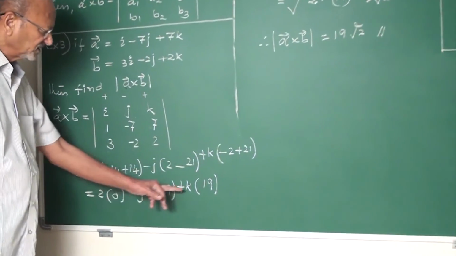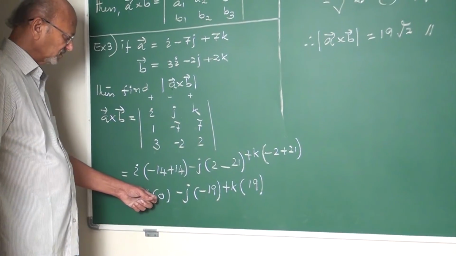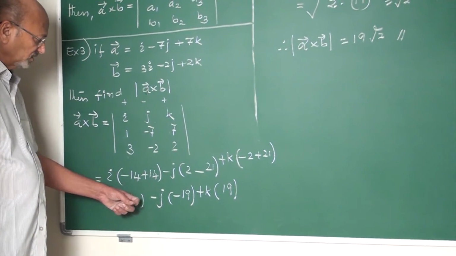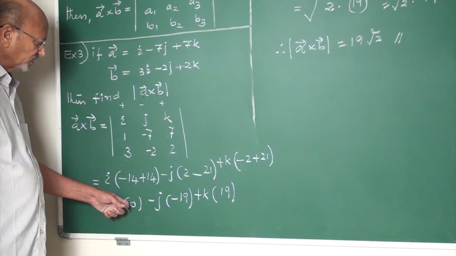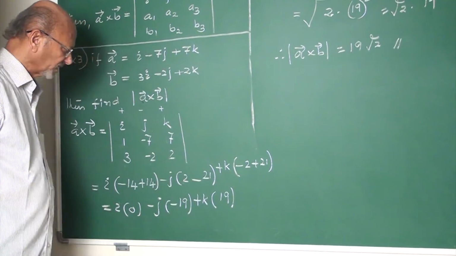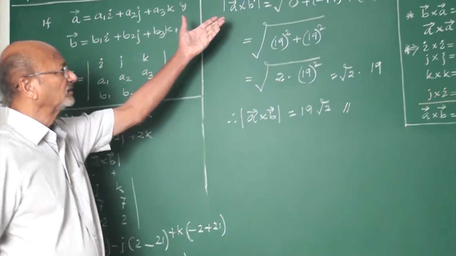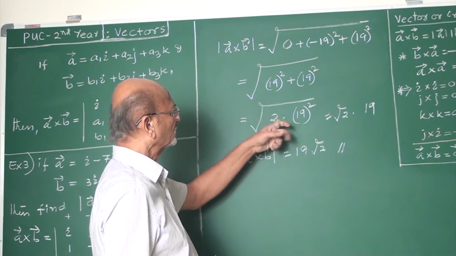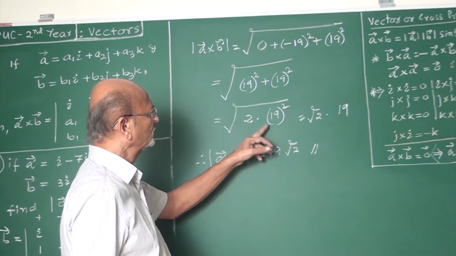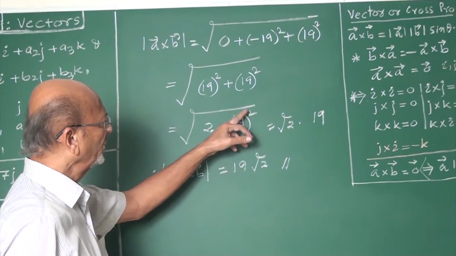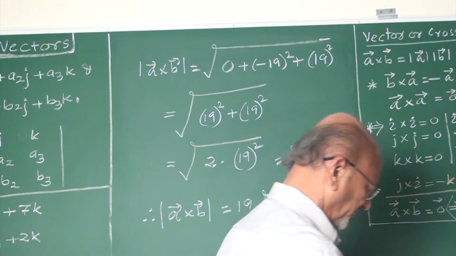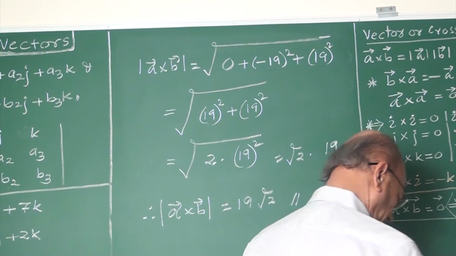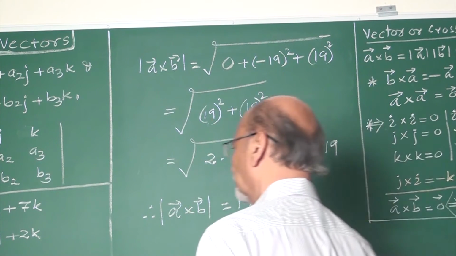This is minus 19, this is plus 19. The magnitude is root of a1 square plus b1 square plus c1 square, otherwise square root of x square plus y square plus z square. Simplification gives the answer. One more of this type.